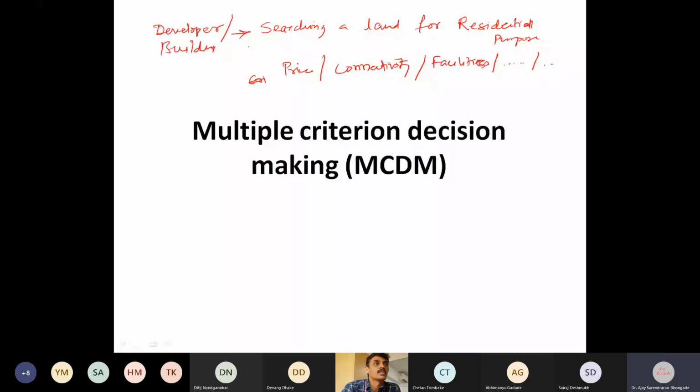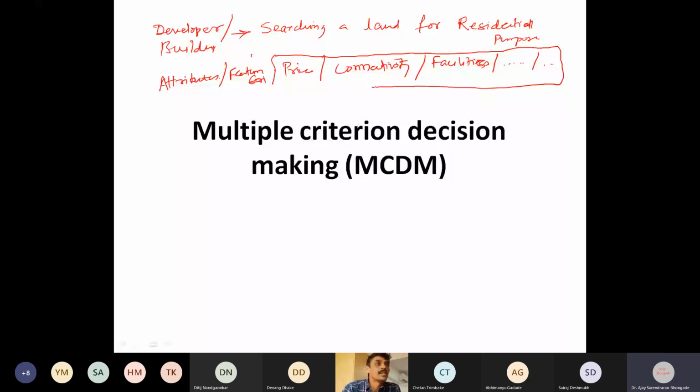In this case, he has to search for a land, right? These are the features, so I can say these are the attributes. We are using the word attributes here. These are the features or attributes of that land, based on which he has to make the decision.